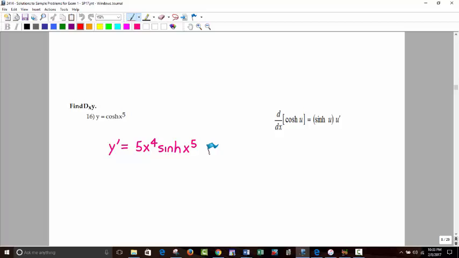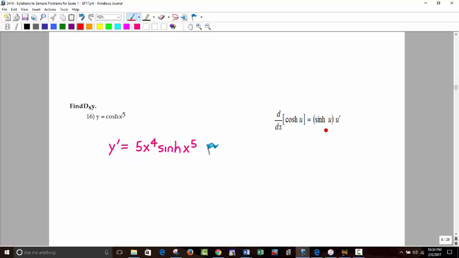If I wanted the hyperbolic cosine to be raised to the 5th, I would have used parentheses for the entire thing, or the 5 could have been placed above the h, cosh to the 5th of x. So this is definitely written in this form, hyperbolic cosine of x to the 5th.